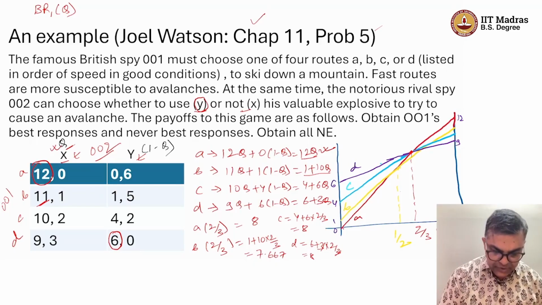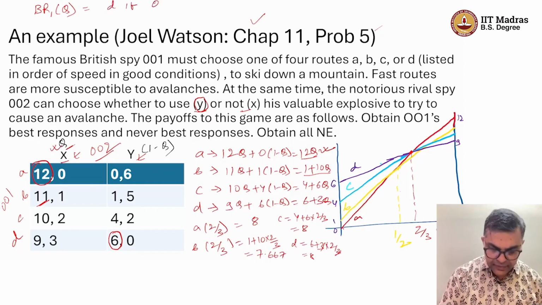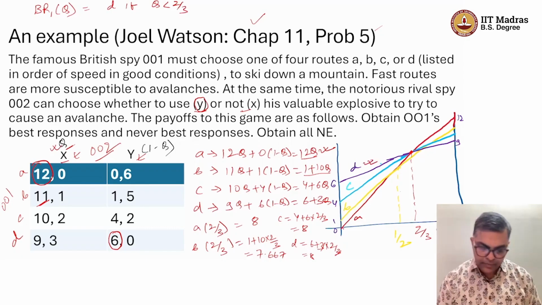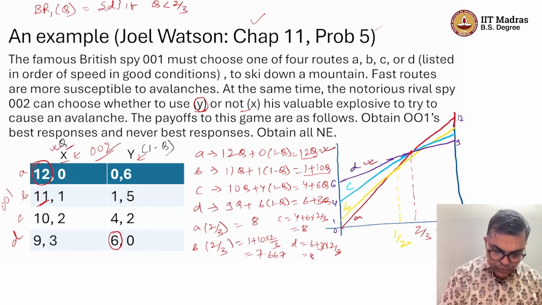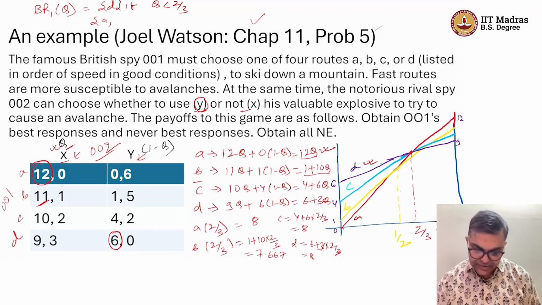So this is equal to D if Q is less than 2 by 3. This is on top. We should put brackets, because it is a correspondence, and A except B, because B is always lower, B is never the best response.